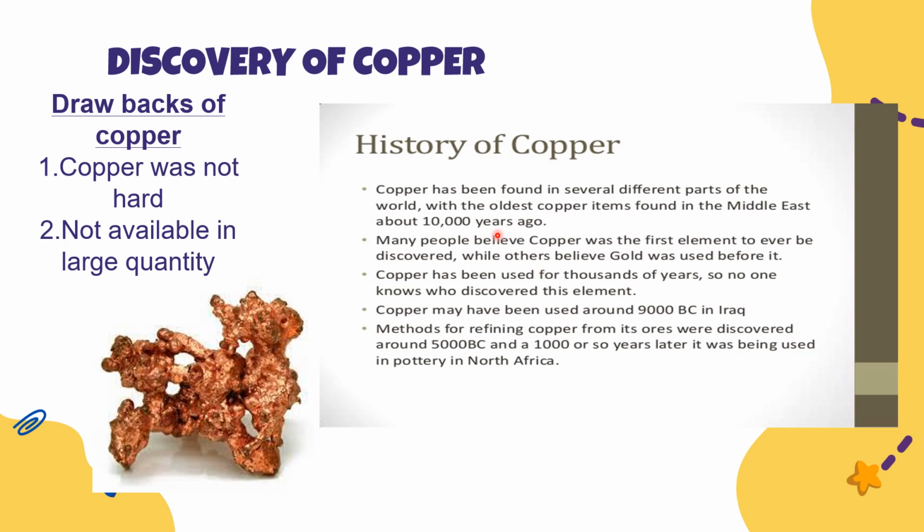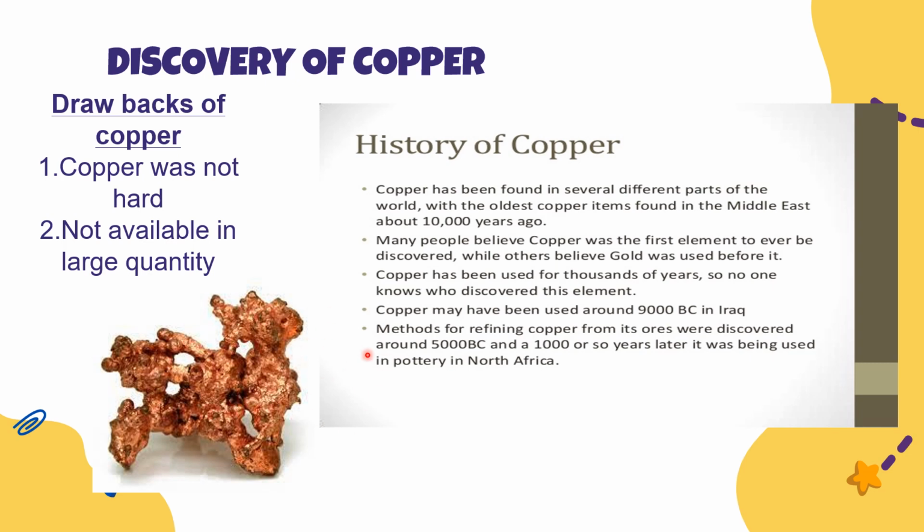Okay, so for a long time, man used copper to make tools, but even after they used copper for many of their household materials or for many tools for their daily purpose, they found a few disadvantages. Copper was not so hard, so it was very easily breakable, and also it was not available in large quantity.